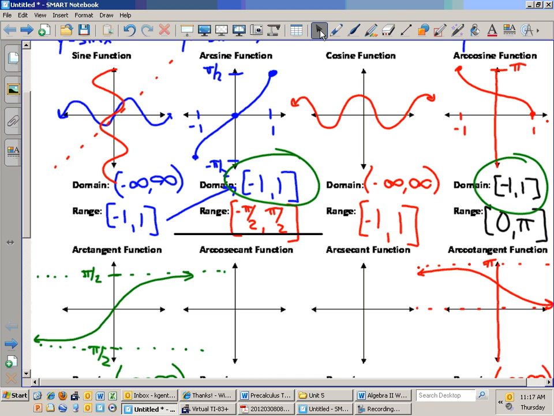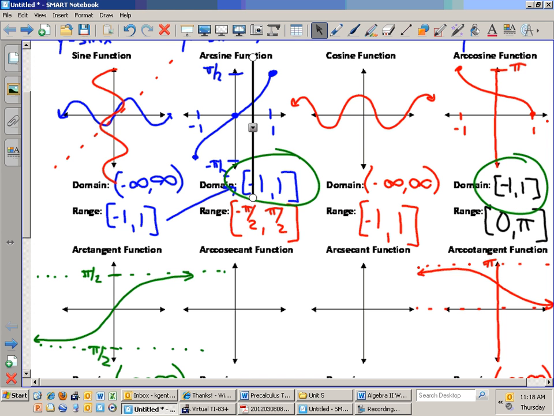Watch. Okay, as I take this line right here, I'm going to look at my arc sine function right here, okay? And I'm trying to find the arc sine of 1/2. As I move that across here, as I go to 1/2, see that?